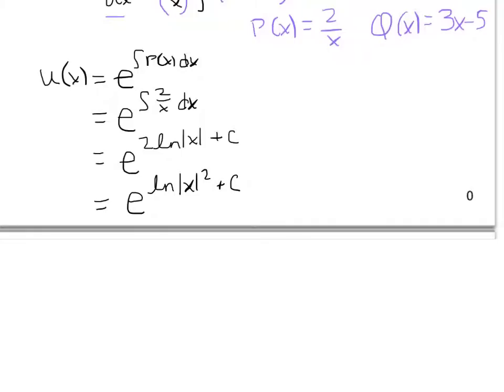And my e and natural log are going to cancel, so this leaves me with the absolute value of x squared plus c. Now it doesn't matter if I have a negative or a positive number in the absolute value, because once I square it, it's going to become positive. So that's just going to give me x squared.